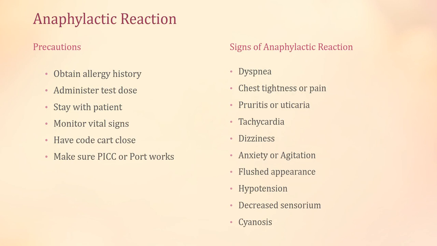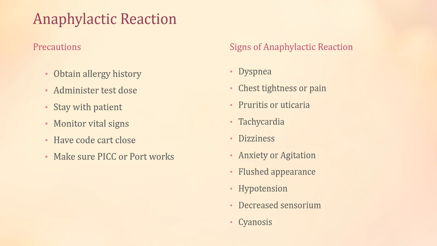Patients also have the possibility of having an anaphylactic reaction. You're going to take precautions, which is to obtain an allergy history and administer a test dose. Sometimes you'll give a really super small dose just to see how they react to it. You're going to stay with the patient, make sure that they're able to breathe, make sure they don't have any severe reaction. You're going to monitor vital signs, have the cart close, and make sure that their port works.